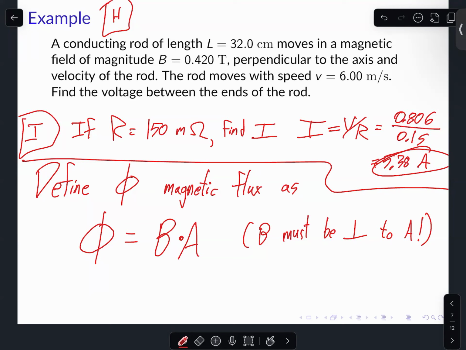The flux would be 0. If the magnetic field is pointing up and my hand is up, down, left, right, then that is not perpendicular. If my hand is up, down, left, right, and the magnetic field is pointing in, out, that is perpendicular. Okay with that? The magnetic field must pierce the area in general.